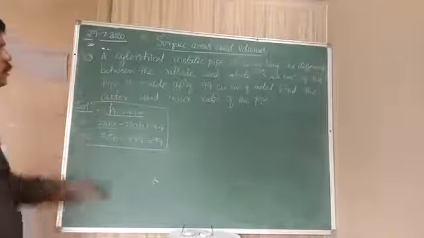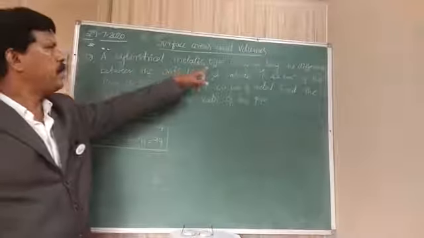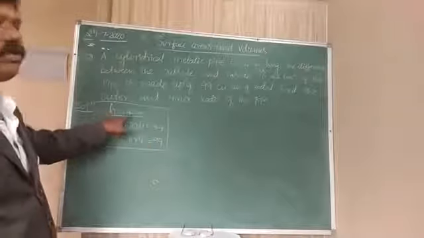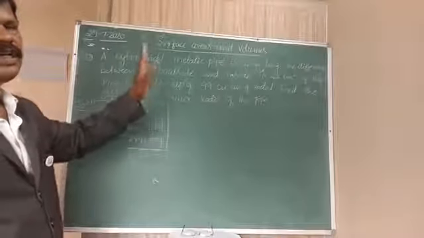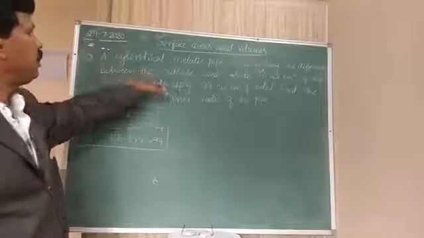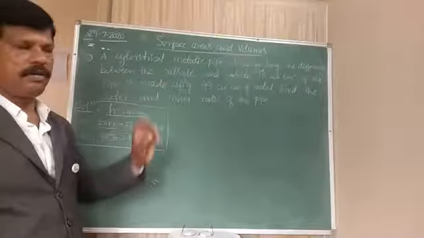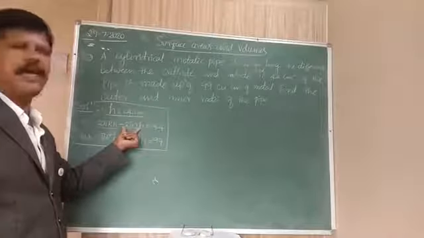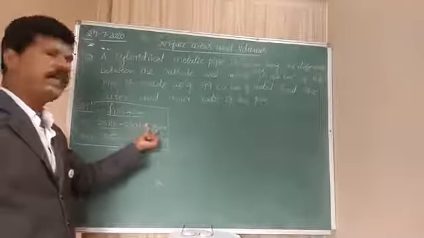So look at that. A cylindrical metallic pipe is 14 centimeter long, so h is equal to 14. That means the height of the cylindrical pipe is 14 centimeter. The difference between the outside and inside area is given by 2 pi Rh minus 2 pi rh, that is equal to 44.